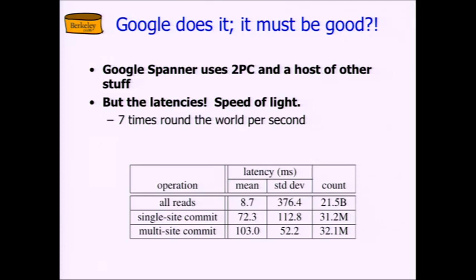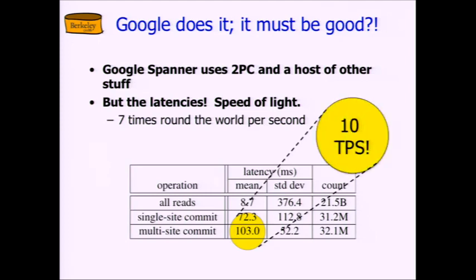The speed of light only lets you go around the world 7 times per second. And when you look at the performance numbers of Spanner for its multi-site commit protocol, which is essentially two-phase commit, it has a mean latency of 103 milliseconds, which means, if you flip that over, that's 10 transactions per second. That's outrageously slow.